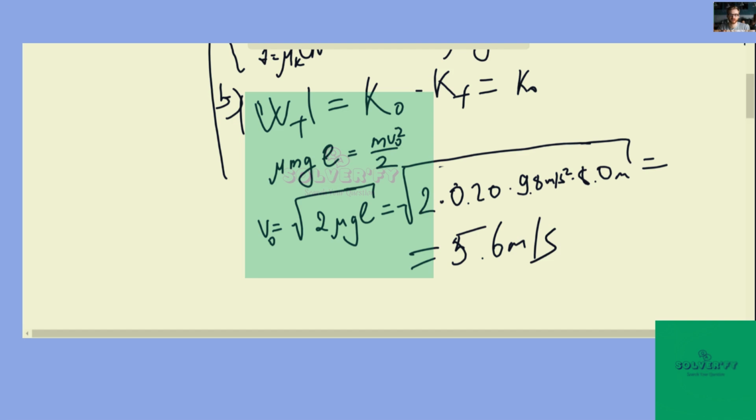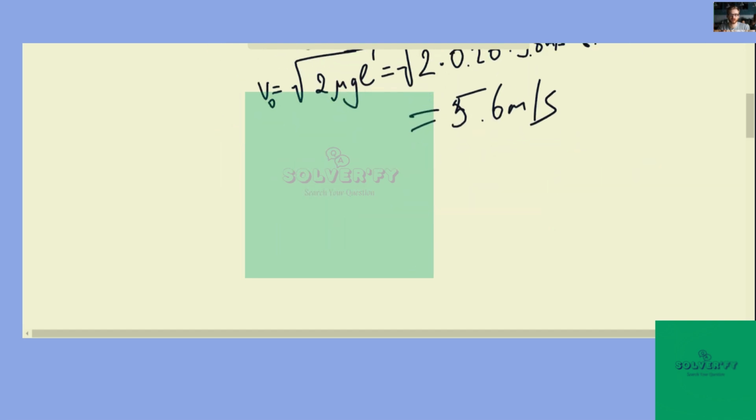Okay, that's done. Now we have to calculate how far the spring was compressed. To do this calculation, we have to calculate the initial potential energy of the deformed spring.